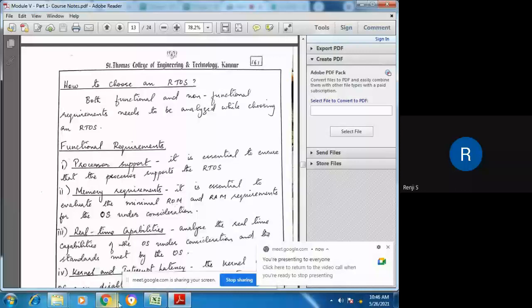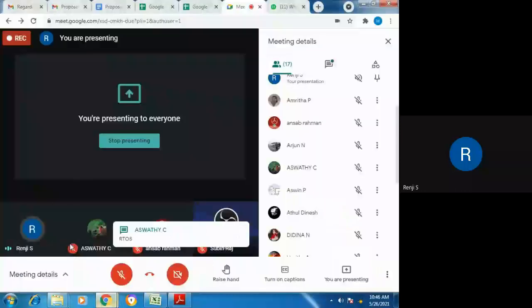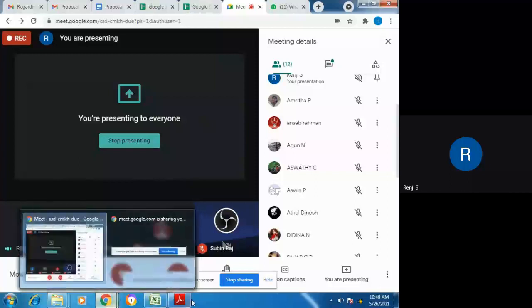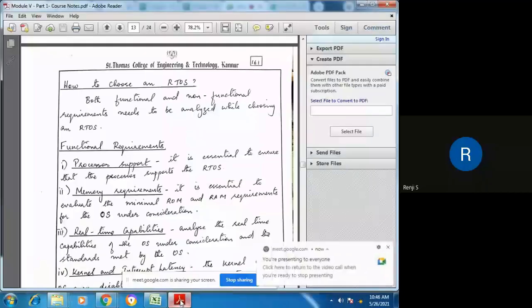Hello, we were discussing how to choose an RTOS. When you choose an RTOS, what are the points that we should consider? We have to consider two things: the functional requirements as well as the non-functional requirements. Both must be analyzed when choosing an RTOS.